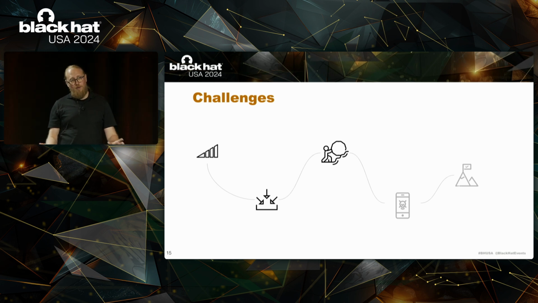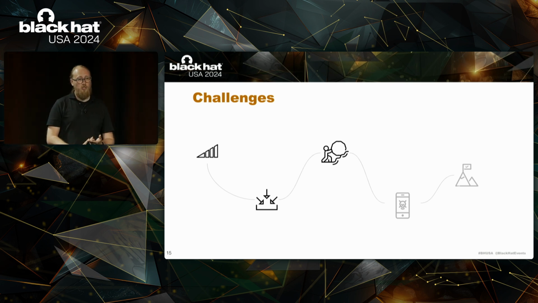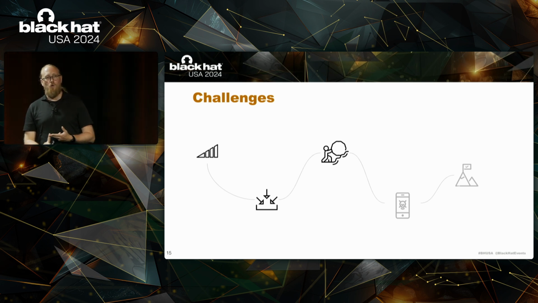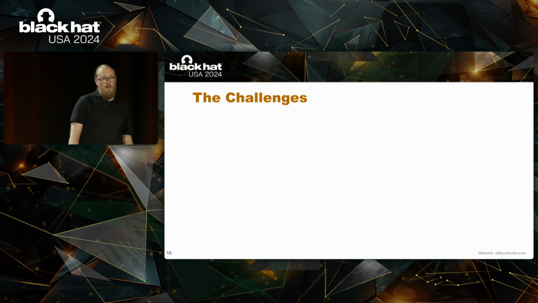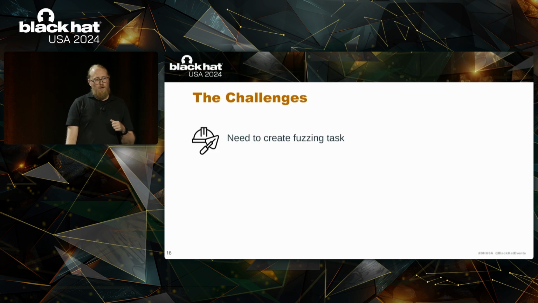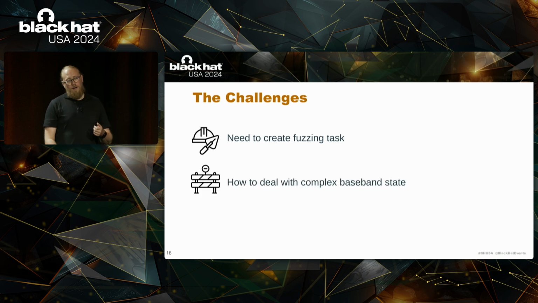Okay, this is more or less the fuzzing setup: firmware, fuzzing tasks, and certain firmware images. What were the challenges we had to overcome to actually make our fuzzing work? In a nutshell, there were 3 challenges. First, we needed to create the fuzzing task, so we needed to make layer 2 fuzzing actually happen. Then we needed to deal with a complex baseband state.